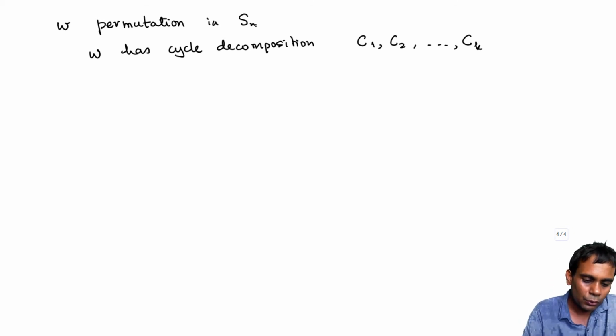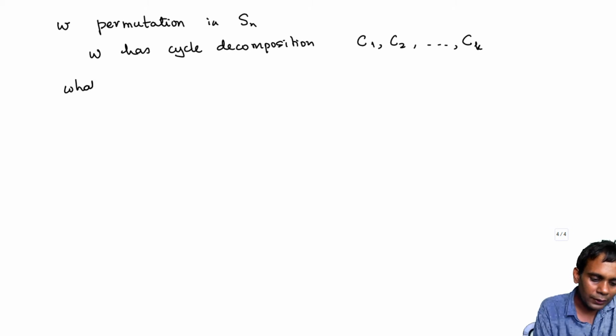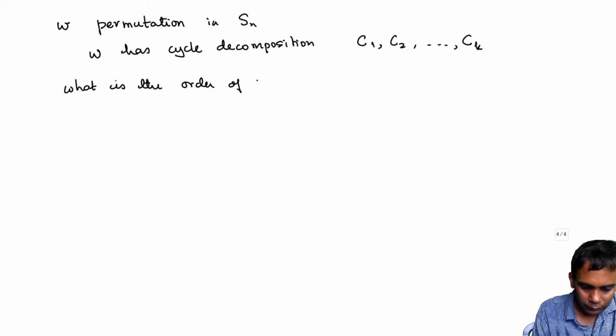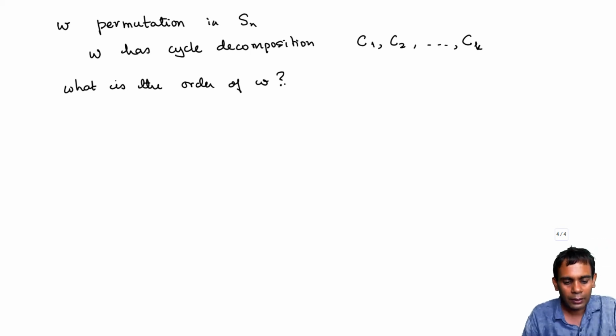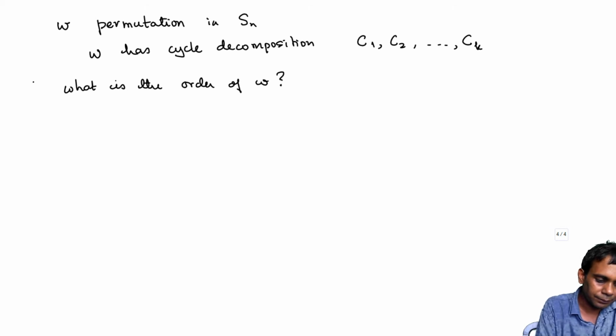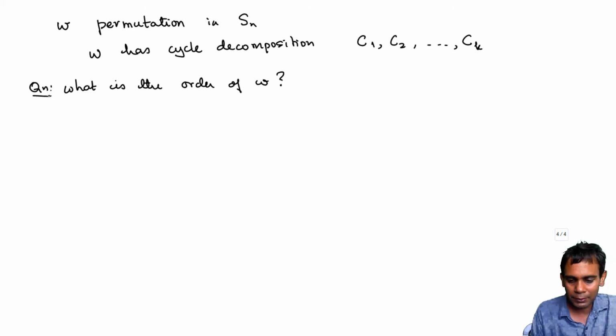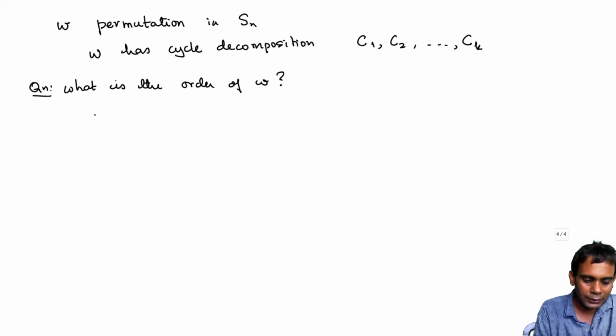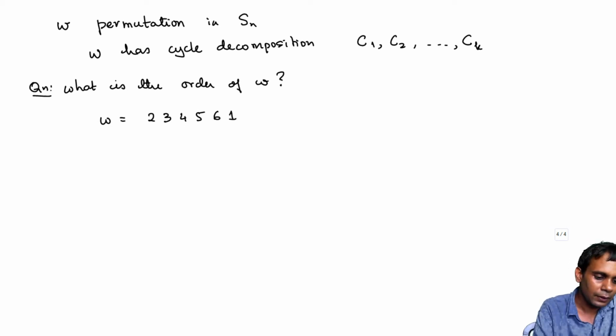Now you can ask, what is the order of W? Let's start with a simpler example. Let's take W to have just a single cycle. Suppose W is the permutation 1 goes to 2, 2 goes to 3, 3 goes to 4, 4 goes to 5, 5 goes to 6, and 6 goes to 1. You can draw this like this.